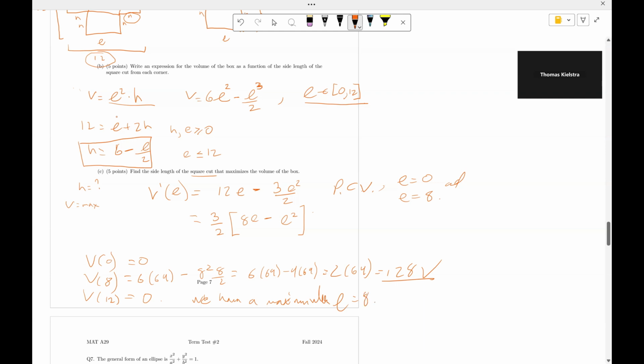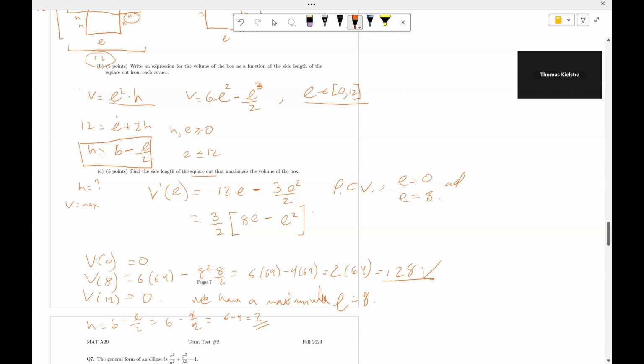Well, now I need to figure out what H equals. H equals 6 minus L/2, which equals 6 minus 8/2, which equals 6 minus 4, which equals 2.